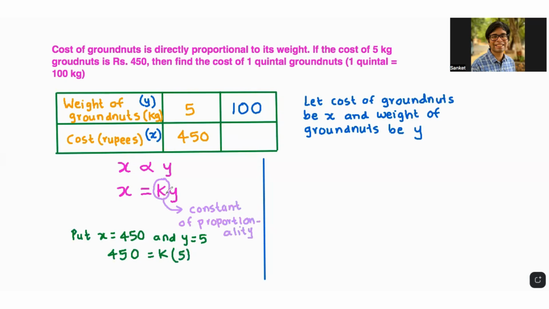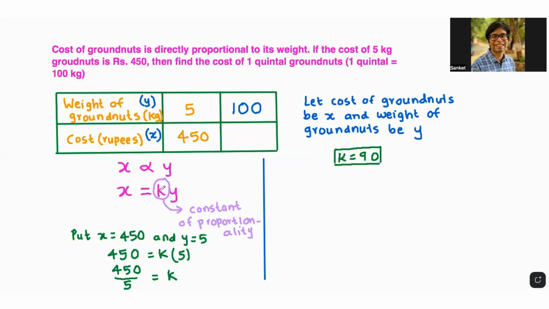I'm putting it in this equation. I'm going to divide both sides by 5. So 450 divided by 5 is k. So my k is going to be 90. 450 divided by 5 is 90. I've got my constant of proportionality.